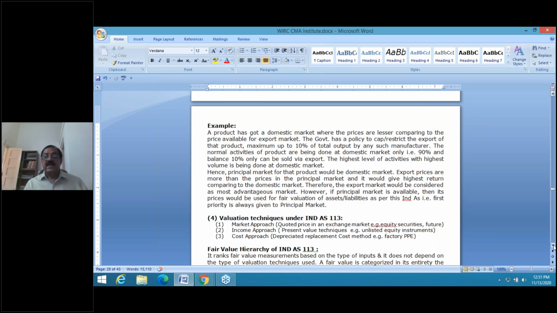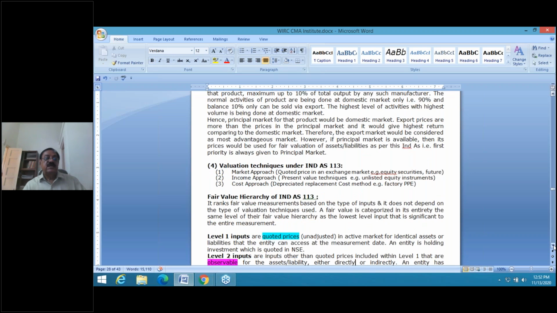In that case, the export market would be considered most advantageous, because the most advantageous market is one where you get the highest price. So in export you get a higher price than the domestic price. So the principal market is domestic, and the most advantageous is the export market. So that's why this classification is there.